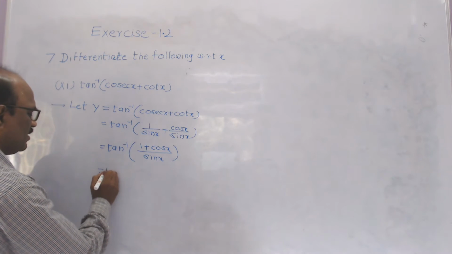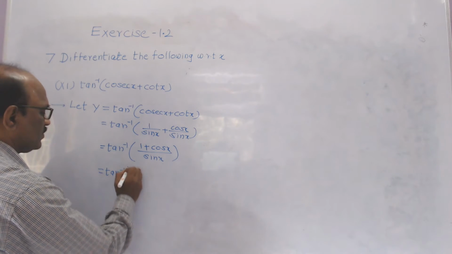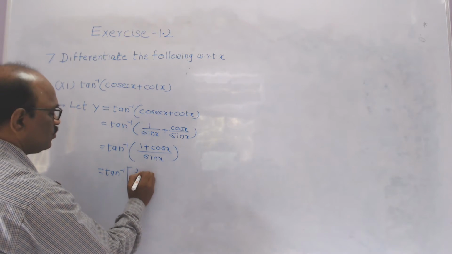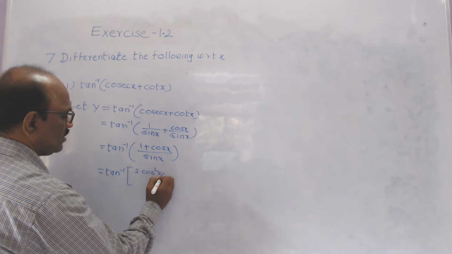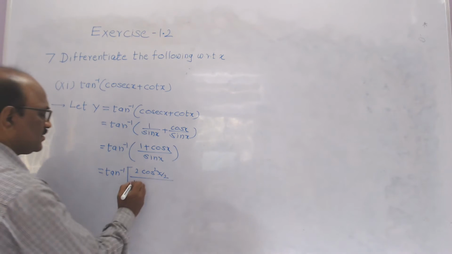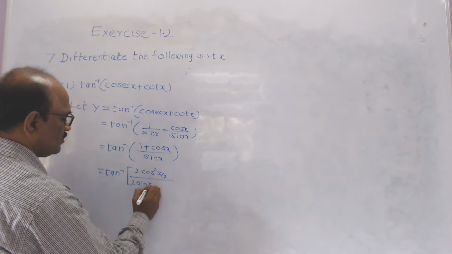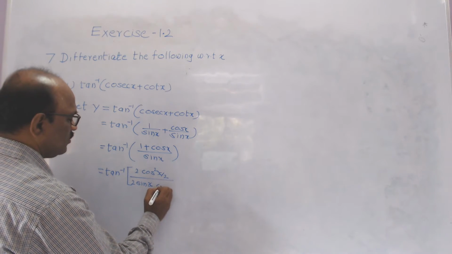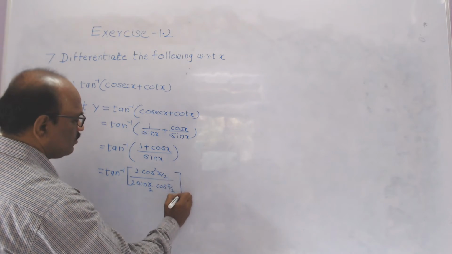In a similar way here, tan inverse, 1 plus cos x means 2 cos square x upon 2, and sin x is 2 sin x by 2 into cos x upon 2.